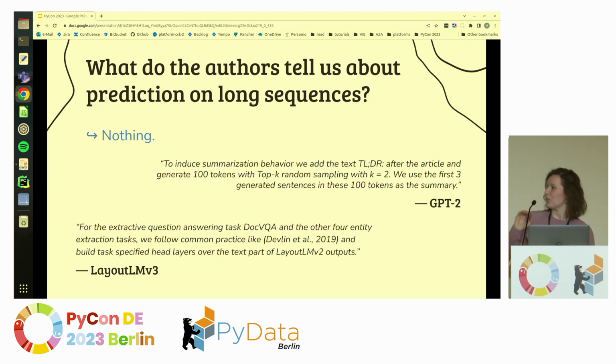Okay, we added this prompt, we used this sort of sampling strategy, these parameters, then we picked the first 3 sentences. Pretty detailed. Or the other example, we follow common practice as in reference to the BERT paper. And then if you go check that paper, there's actually no information about long sequences. That's the point where I got really skeptical.